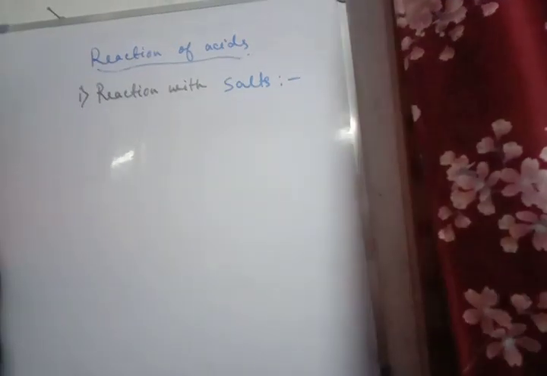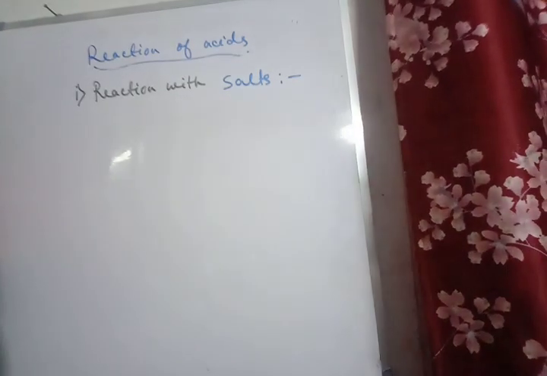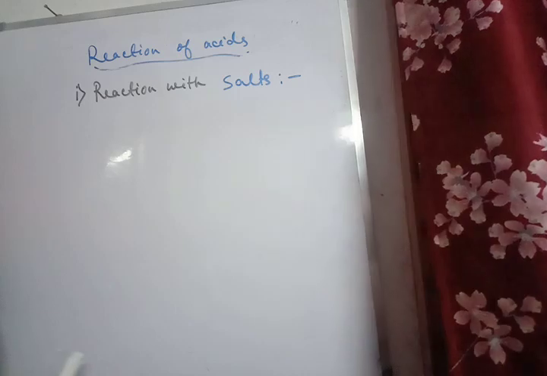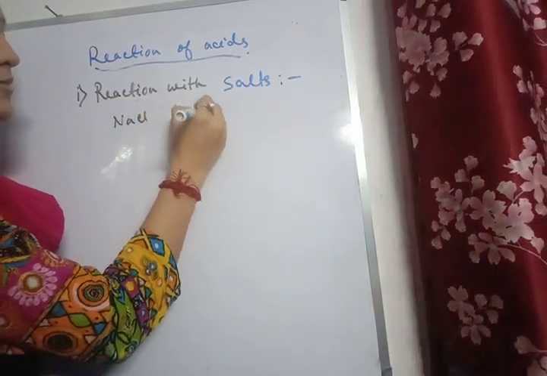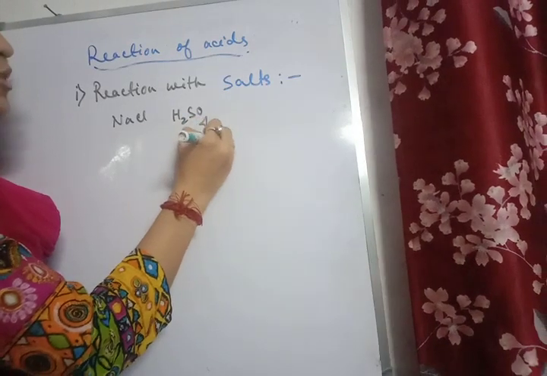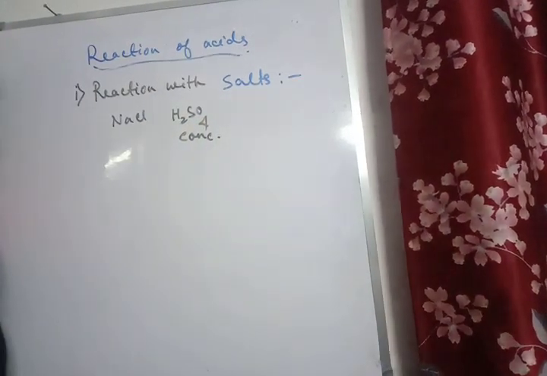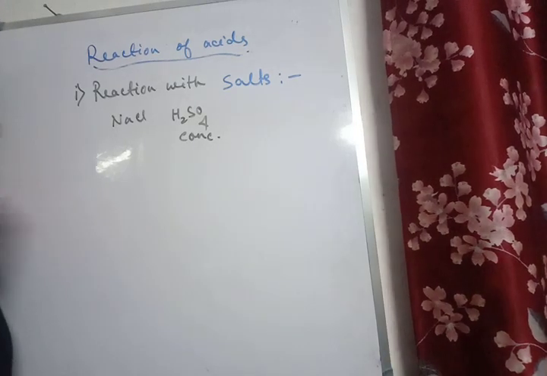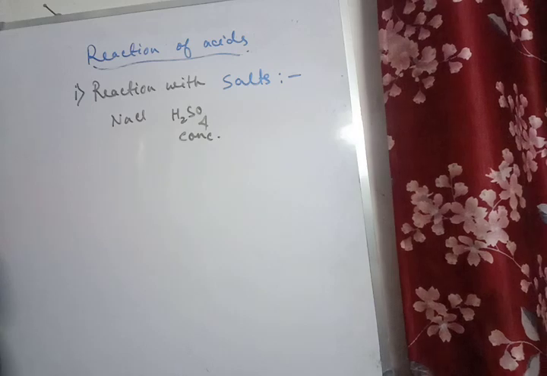The reaction of chloride and nitrate we have already done in the previous class, that is reaction of NaCl with concentrated H2SO4, and NaNO3 with concentrated H2SO4. So chlorides and nitrates react with the concentrated acids. Okay, and lead nitrate is the exception, which reacts with dilute acids as well.